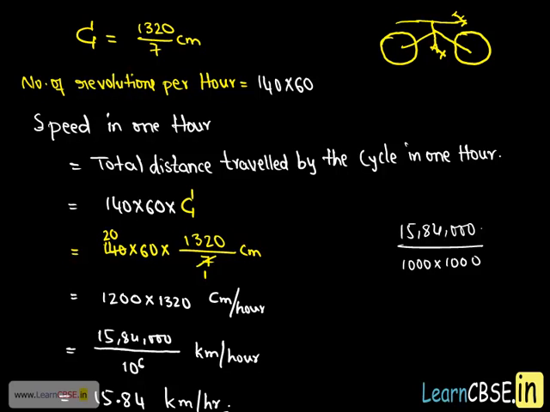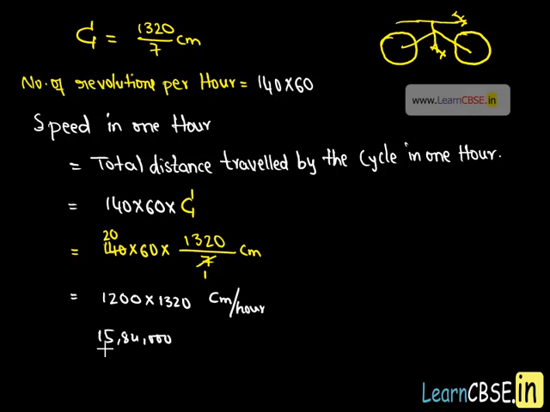This completes our solution. Therefore, we get the product 15,84,000. In order to convert these units, that is centimeters per hour into kilometers per hour, we have to divide this with 10 power 5. We get the units in kilometers per hour. It is because 1 kilometer is equal to 10 power of 5 centimeters.